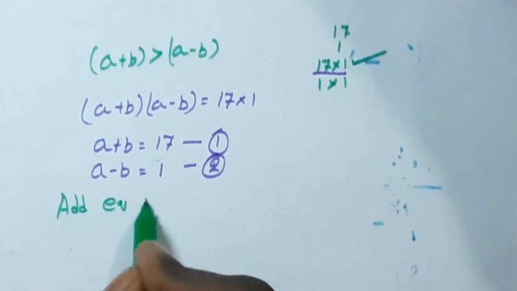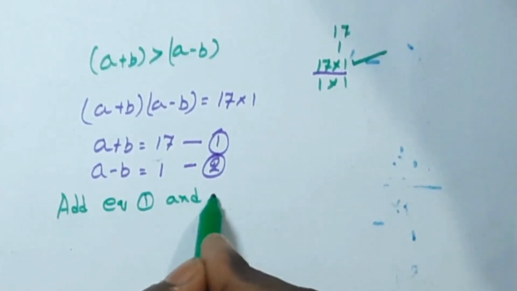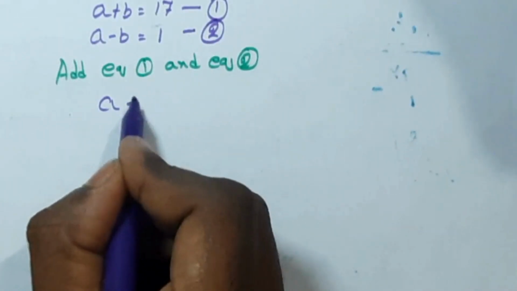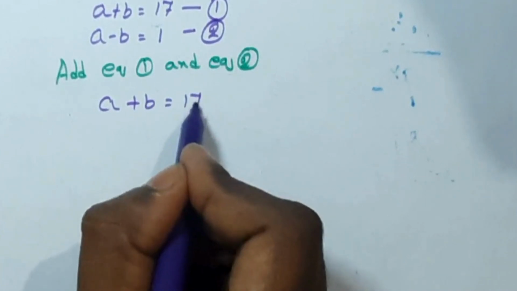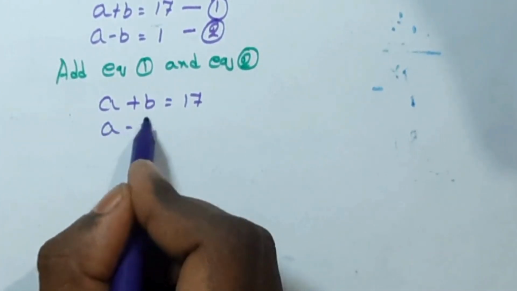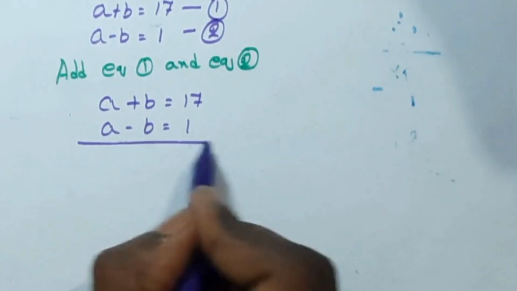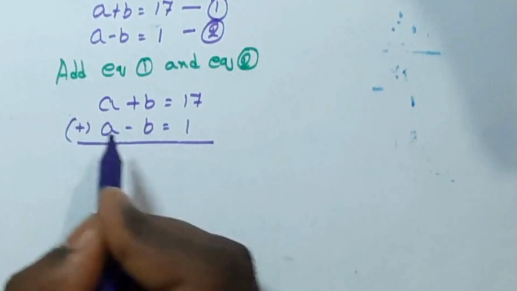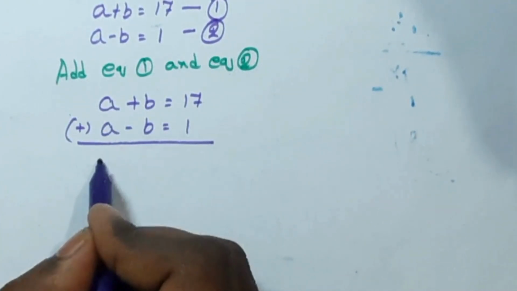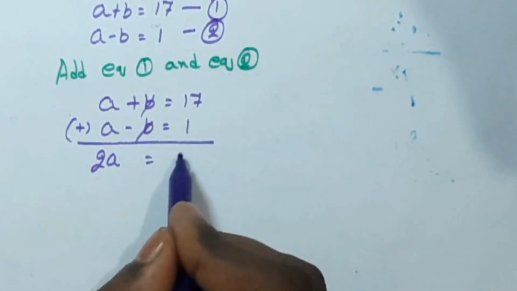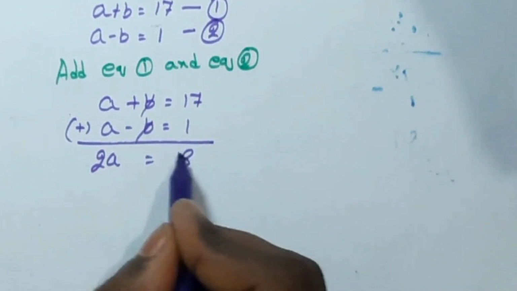Add equation 1 and equation 2. A plus b equal to 17. A minus b equal to 1. Now, adding these equations, 2a, the b terms cancel each other. So, equal to 18.